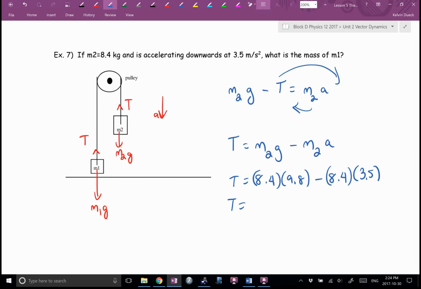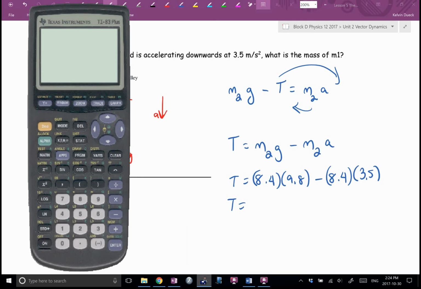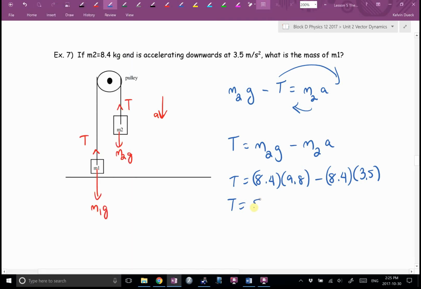Missing a mass? Start with the individual mass that you know. Use that to find other individual forces, and then go look at the individual mass that you don't know. Tension, what'd you get? 8.4 times 9.8 minus 8.4 times 3.5. 52.92.